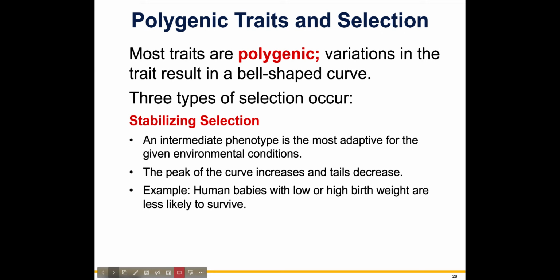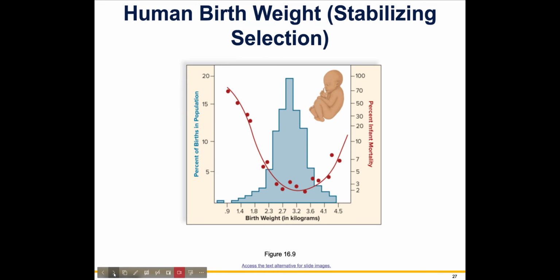Most babies were born about 7 pounds. That's what we see here. So if you're really small, you don't survive. If you're really big, you also don't survive. But right in the middle, there is that stabilizing selection. Now, with our NICUs and C-sections, we've kind of messed this up.